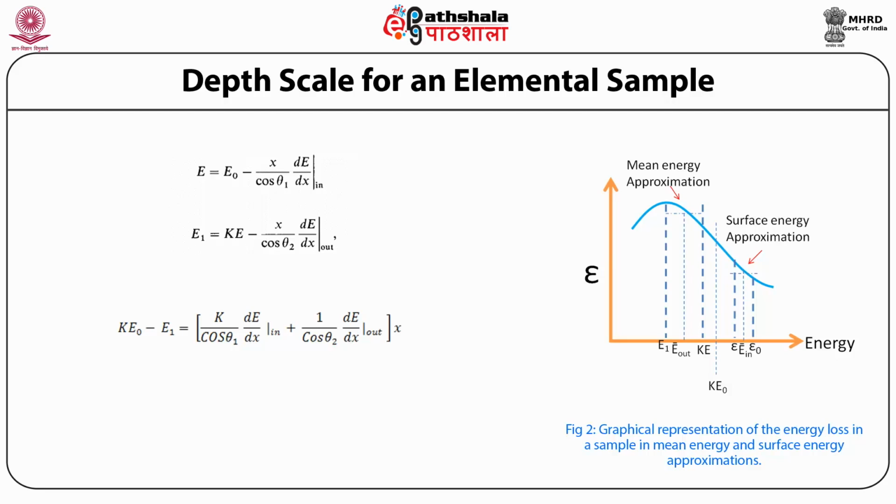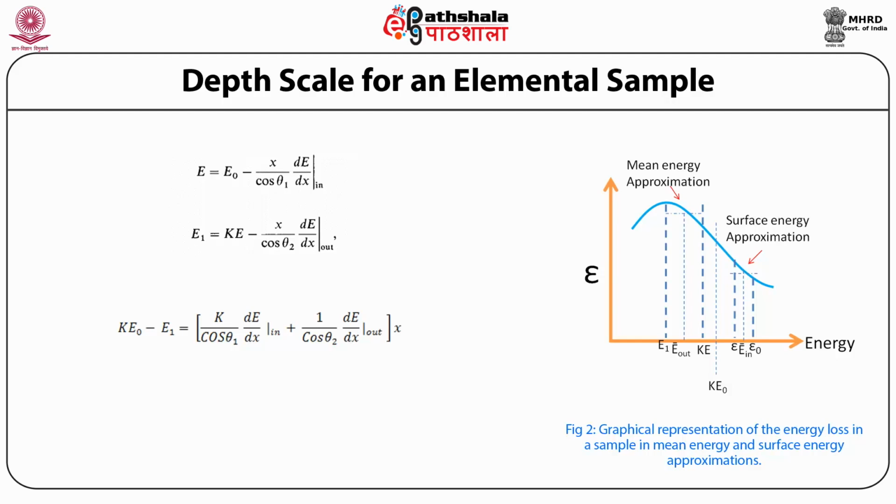The heavy segments give dE by dx values for the inward path from E0 to E and for the outward path from kinetic energy to E1. The difference E0 minus E is the energy loss along the inward path, delta E in. Similarly, the kinetic energy minus E1 is the energy loss along the outward path, delta E out.